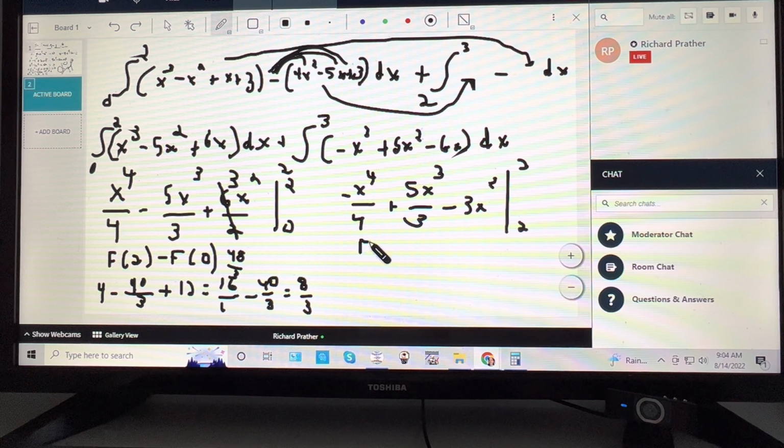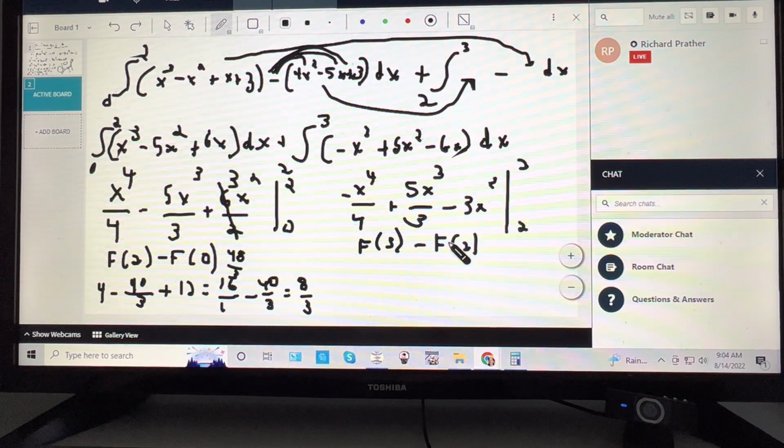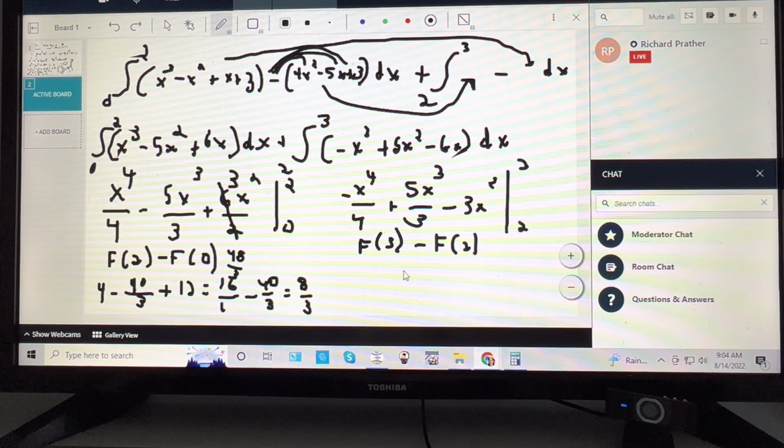So now you have to do big F of 3 minus big F of 2. And the mistake I made was I assumed that the F of 2 was the same, and it's not. And I'll show you why. So it's better if you just calculate things instead of just assuming what's going to happen. I was trying to take a shortcut, and it cost me from figuring out what was going wrong.